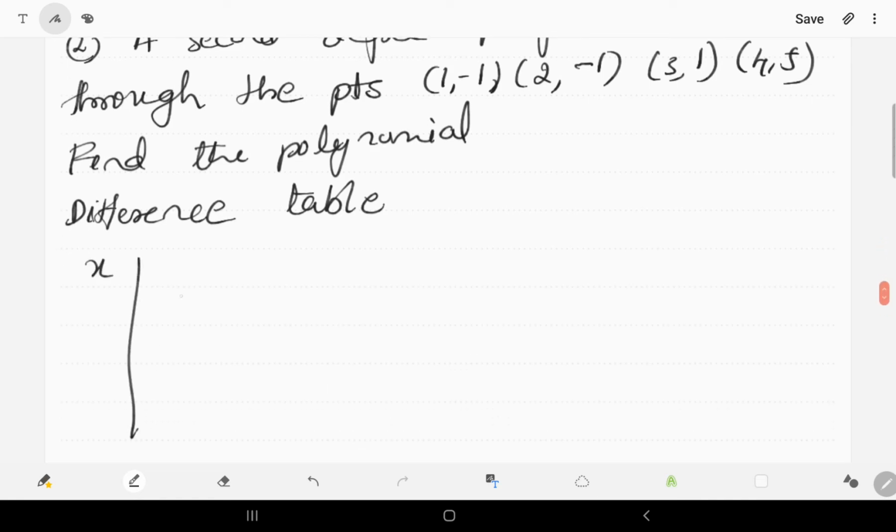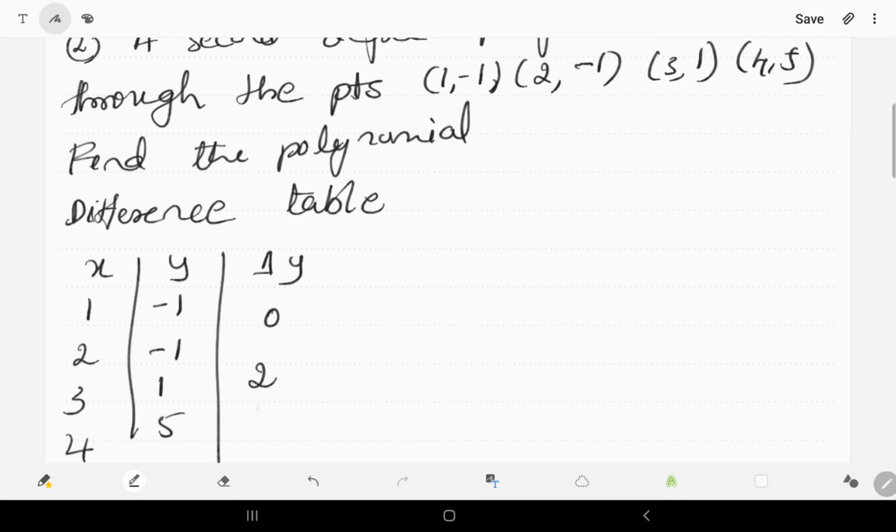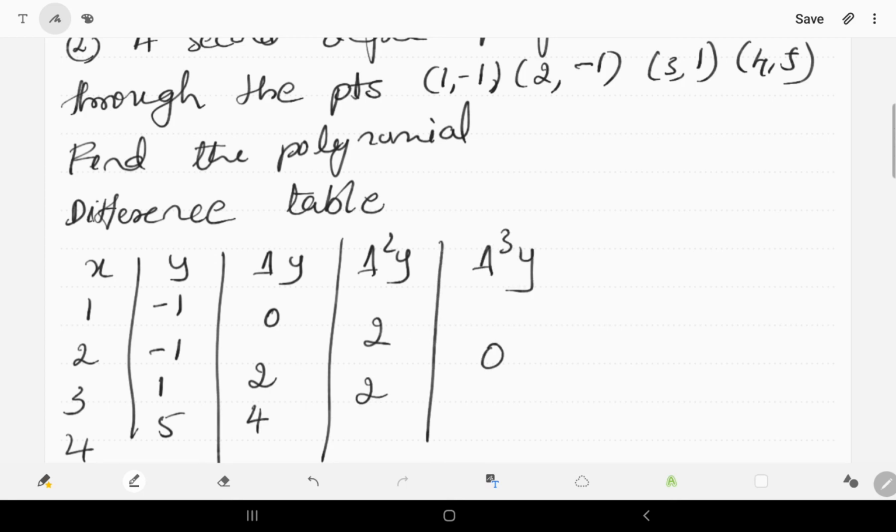X is 1, 2, 3, 4, y values are minus 1, 1, 5 and delta y is equal to 2, 4 and delta square y is 2 and delta cube y is equal to 0.